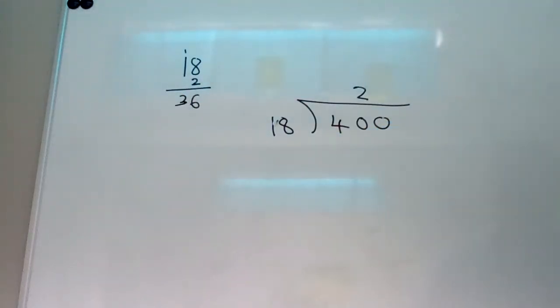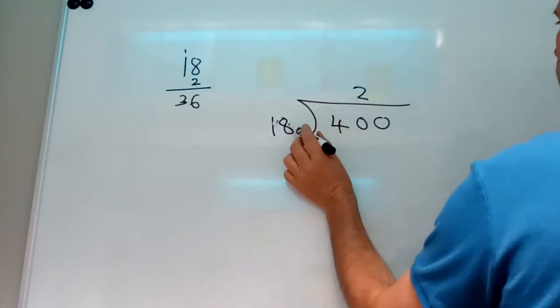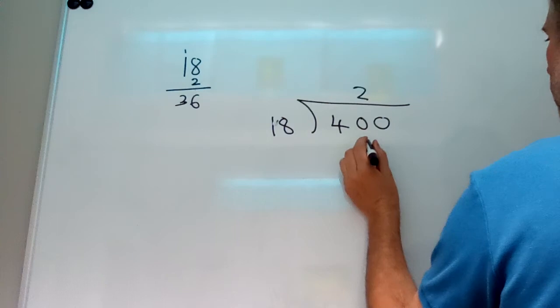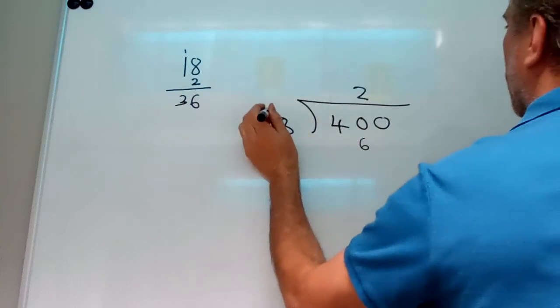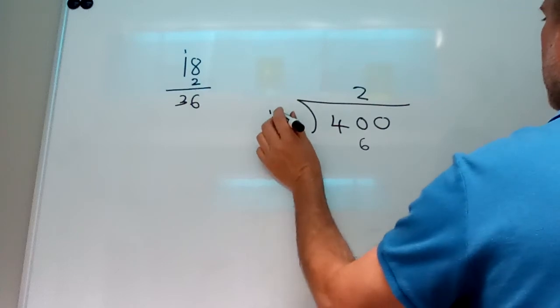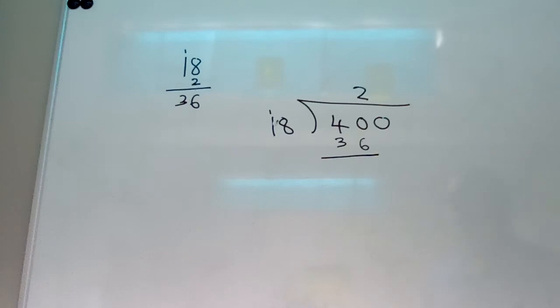Now you can do it that way, or you can learn to do it this way. 2 times this first number is 16, so you come right underneath here and you put your 6, carry your 1 right here, and then 2 times 1 is 2, plus the 1 is 3, 36. So you come out with the same answer.